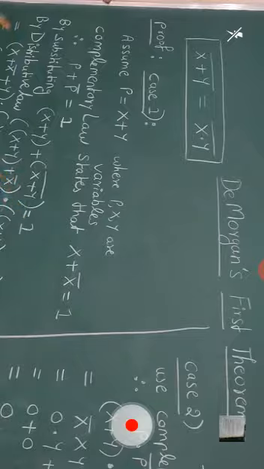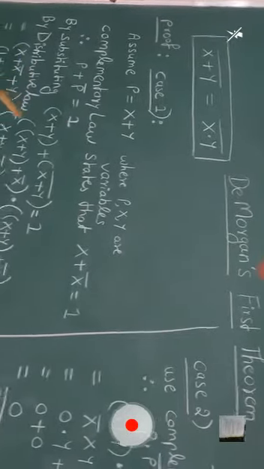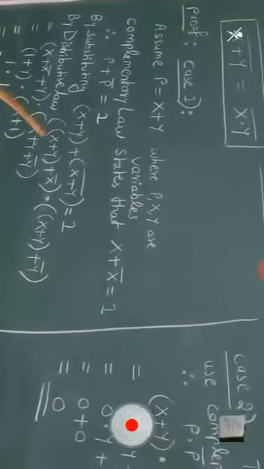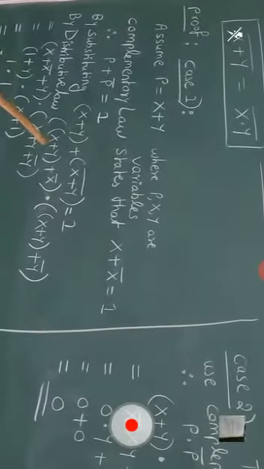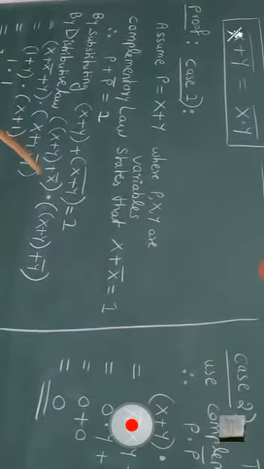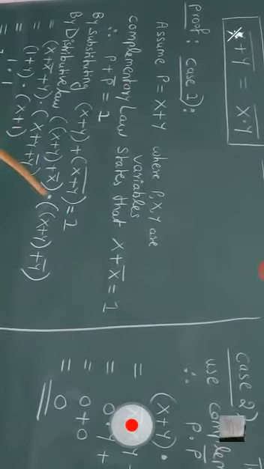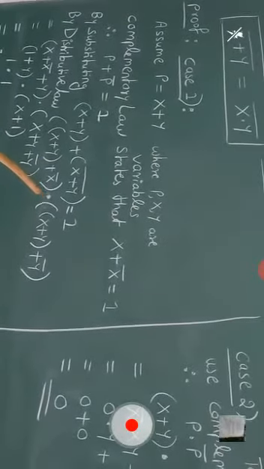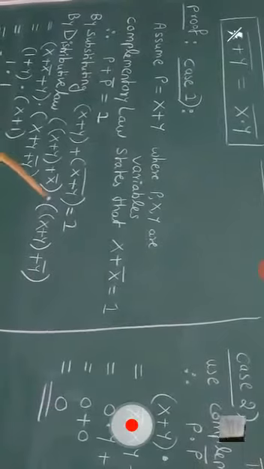Then later, by using the distributive law of Boolean algebra, I will write the above equation like this: (x plus y plus x bar) dot. You can note here that dot indicates the multiplication operation.